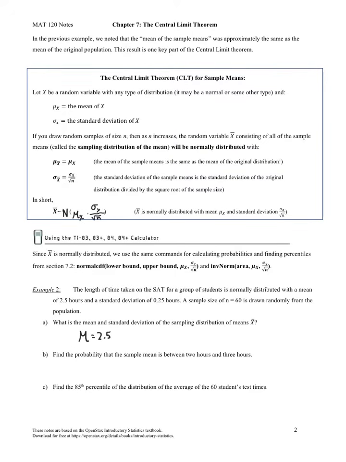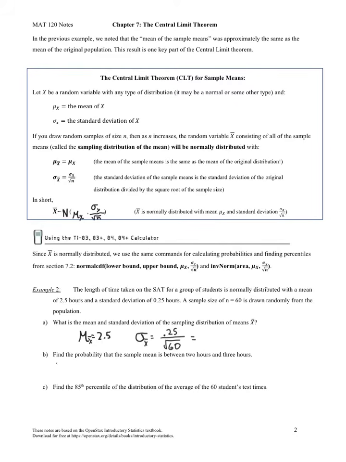So the mean of the sampling distribution will also be 2.5, but the standard deviation of our sampling distribution will be our original standard deviation divided by the square root of our sample size. In letter B, we're asked to find the probability that the sample mean is between 2 and 3 hours.